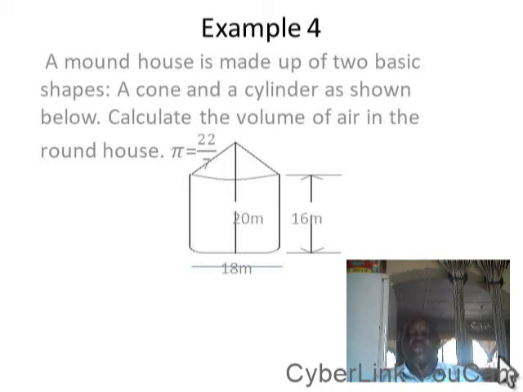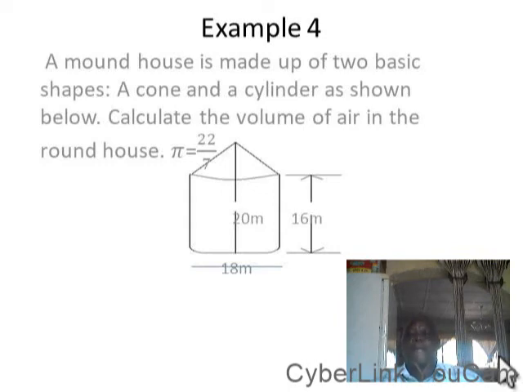Those of you in XS1B, you will recall that I have done volume of cone and cylinder with you in the class. For those of you that are serious, there were questions like this in the first CA. So I assume that you should know the formula of the volume of a cone and a cylinder.